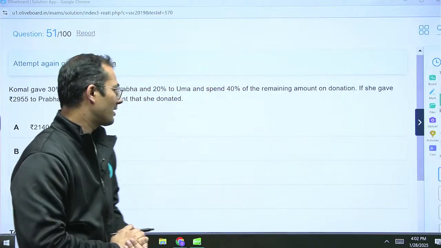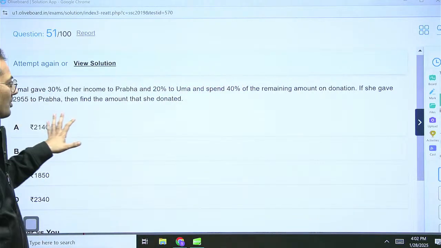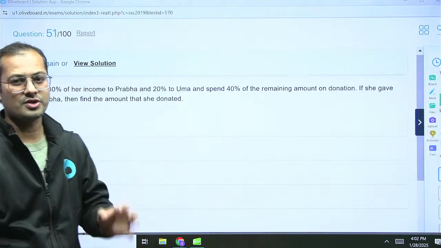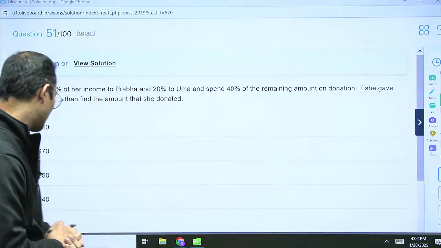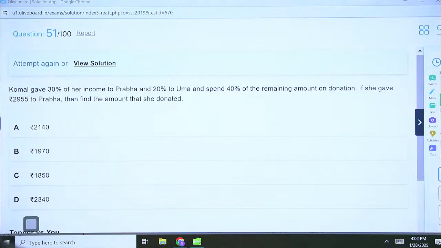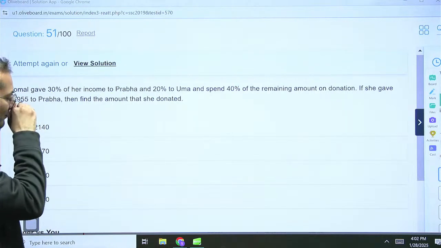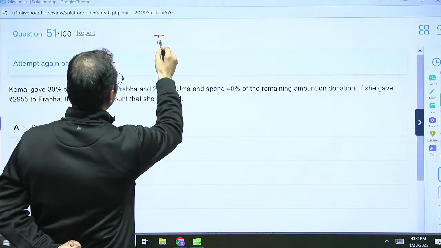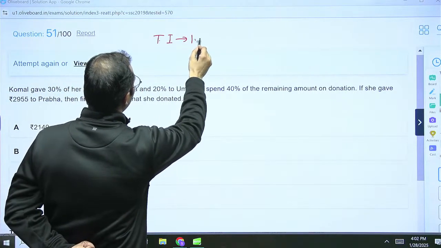So let's start. The first question is on your screen. Tell me what the answer to this question is and what the best solution or exam approach could be. The question says Komal gave 30% of her income to Prabha. Let the total income of Komal be 100.